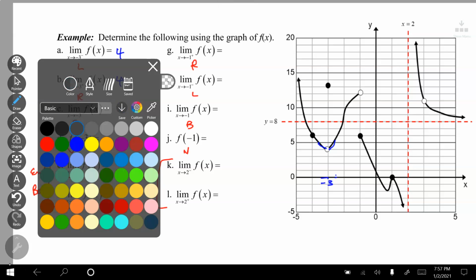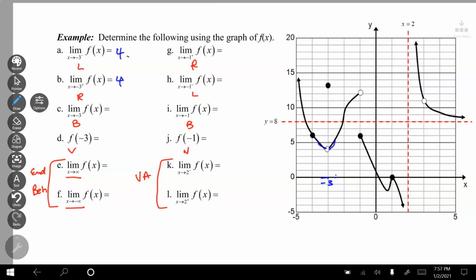And since the left is equal to the right, that means the two sides are meeting together. I have 4, but the value question wants a solid dot. And that solid dot here at negative 3 is way up here at 13. Okay, and we did this in the example.